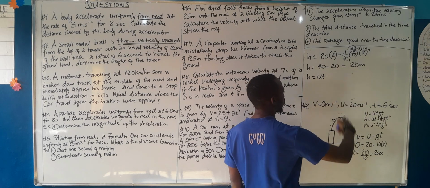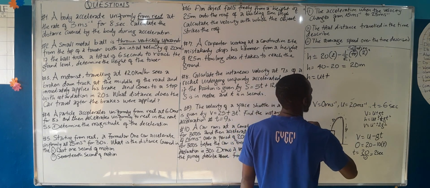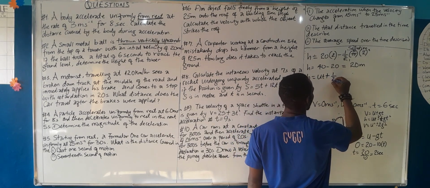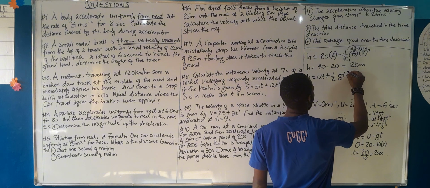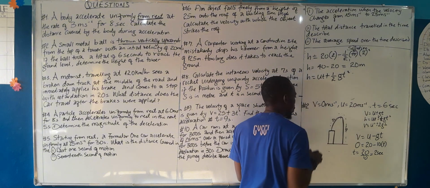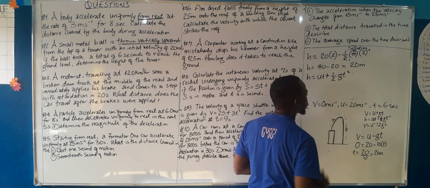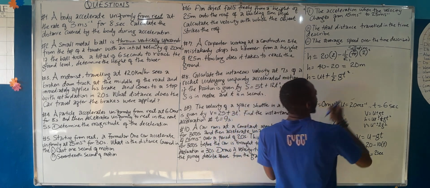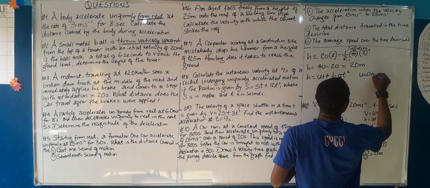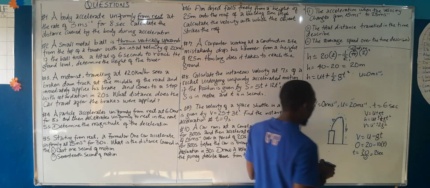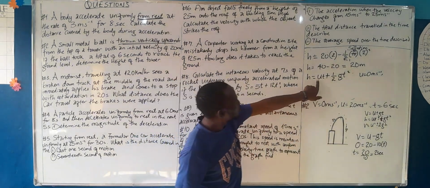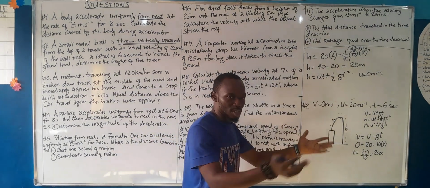Downward, so it's plus half GT squared. Now, when we're talking about downward motion, U is 0 meters per second. Okay? But the time is the problem.